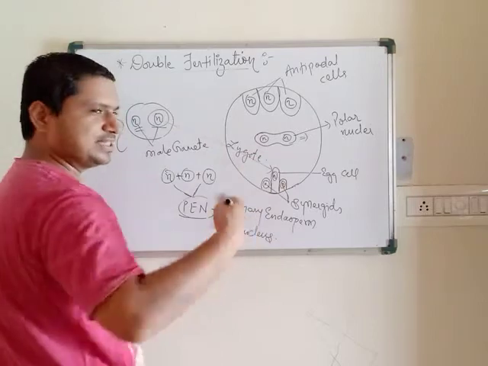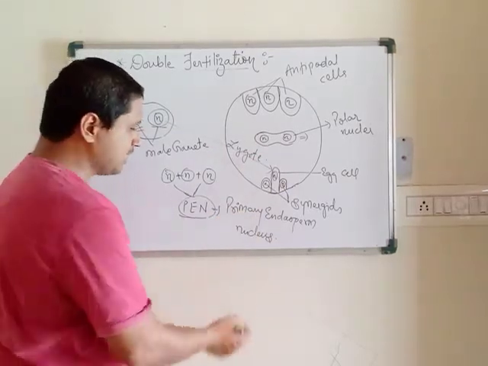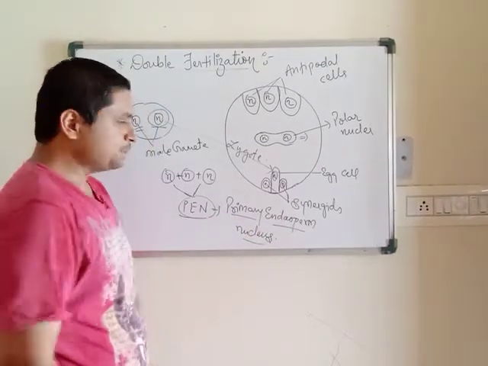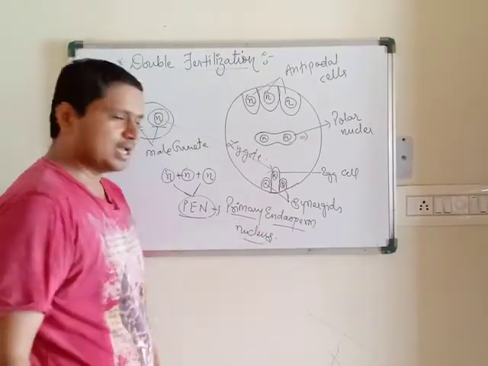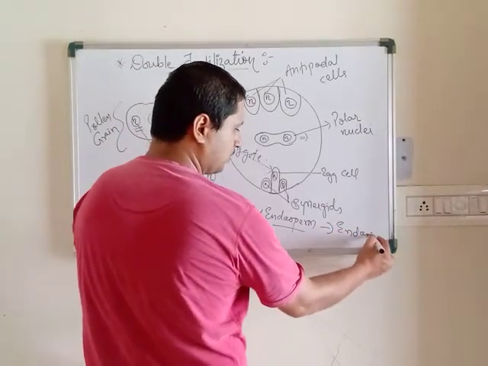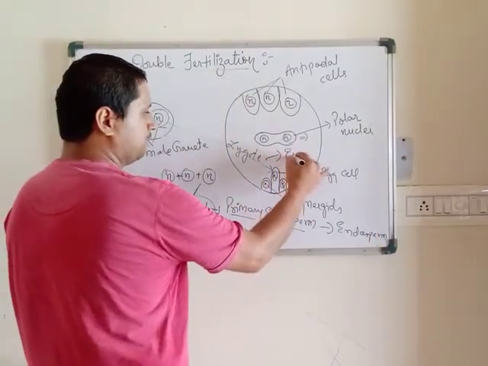Now, once the zygote is developing, it requires nourishment. That nourishment is provided from the primary endosperm nucleus. Now this primary endosperm nucleus later develops into the endosperm, and the zygote develops into what, class? The embryo.